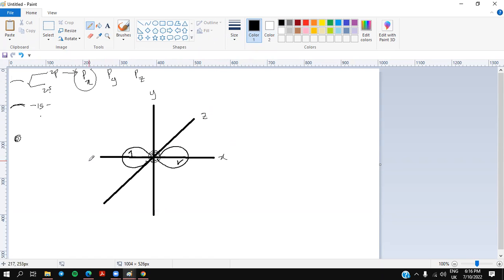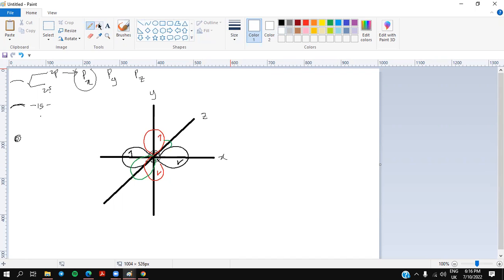Now we go to Py. Py orbital is extending along the y-axis. 1 electron here, 1 electron here. And Pz is extending over here and behind.